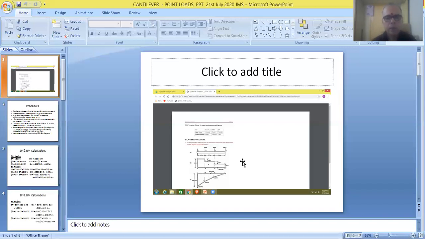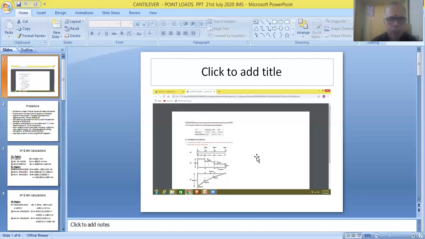And in this problem, the total length of the beam is given as 2 meters. So the distance between the fixed and free end of the beam is called the length of the beam or span of the beam, and small l or capital L is used for indicating this parameter.